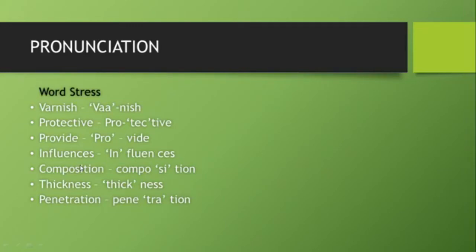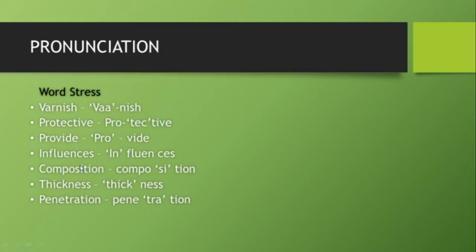It is the part of the word. It is that cluster that I laid more stress on in comparison to the other parts of the word like compo or shun. Thickness. I laid a little bit more emphasis on thick as compared to ness. It was not thickness. It was thickness.